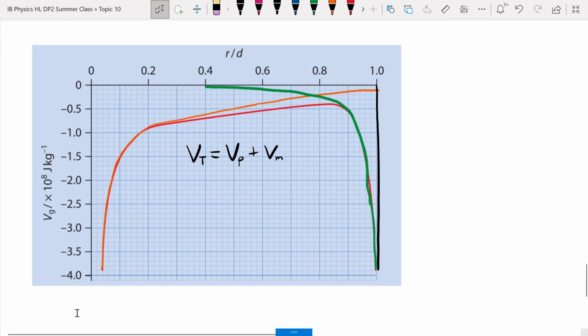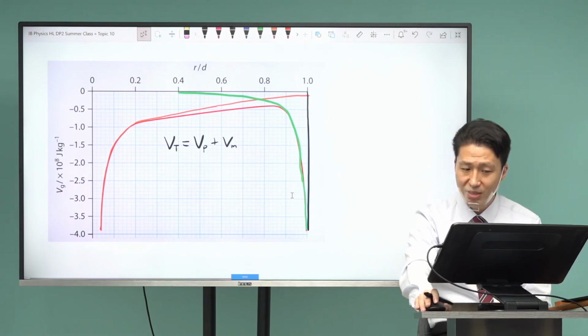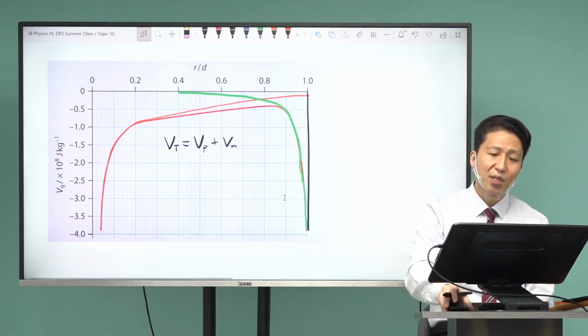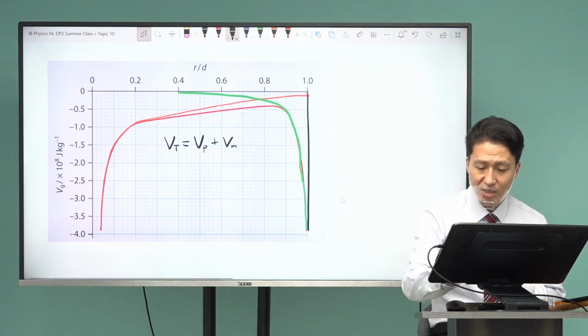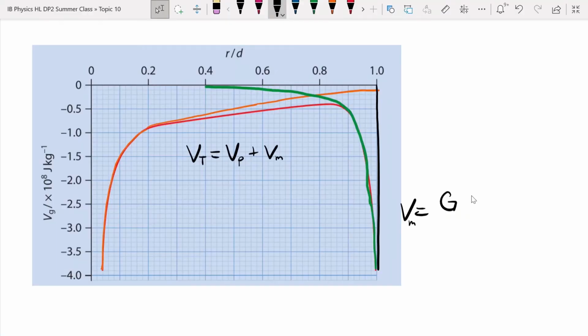Okay. Questions about this? Yes, go ahead. So let's look at the equation. The question he asked is why doesn't it reach the Earth?